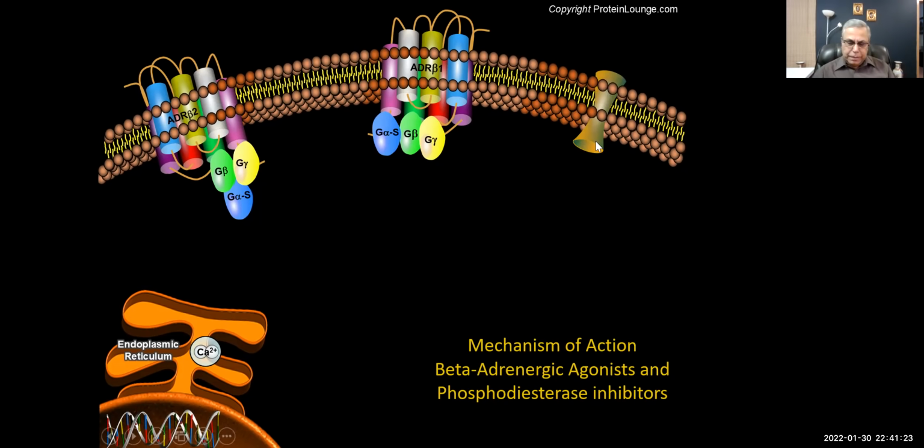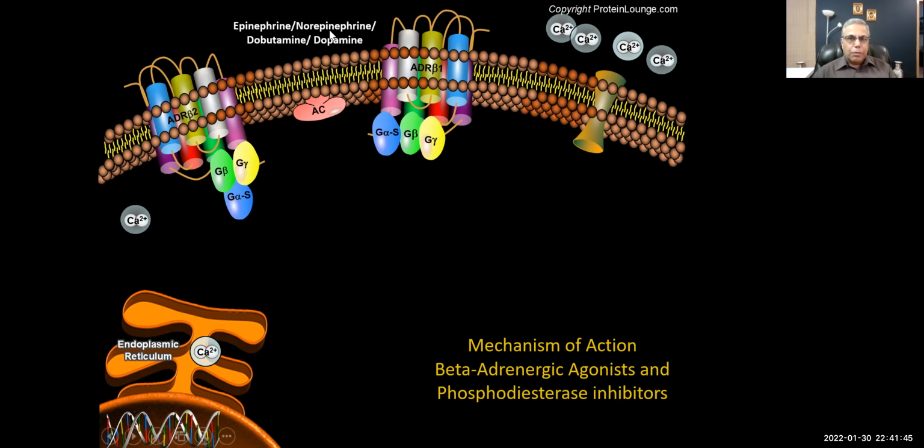This is a potassium channel. Sorry, this is a calcium channel. And we have got a higher concentration of calcium outside the cell, right? And this is the enzyme adenylyl cyclase. What is the function of this enzyme? It converts ATP to cyclic AMP, right?